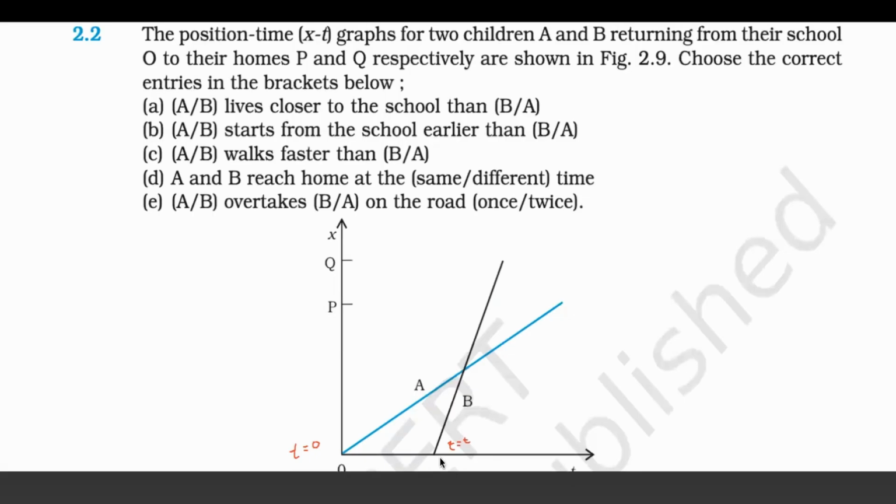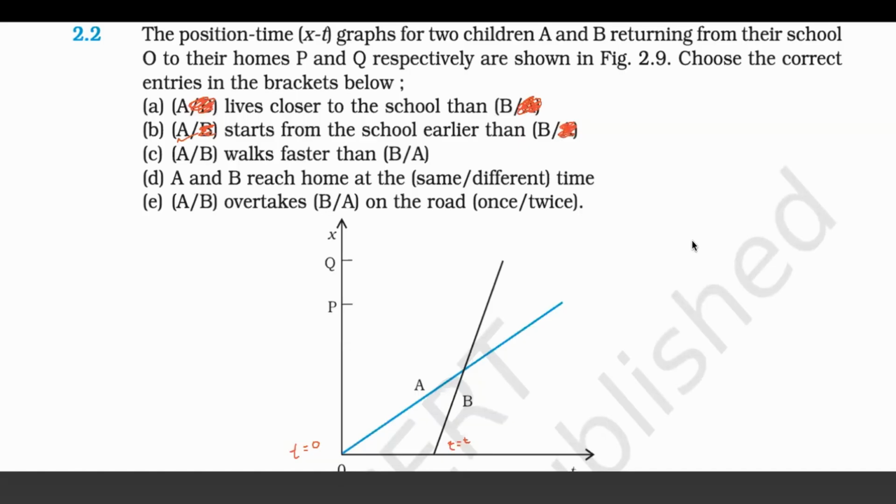So A starts earlier than B. And what is the first answer? A lives closer than B. So A lives closer to school than B, and A starts earlier than B.